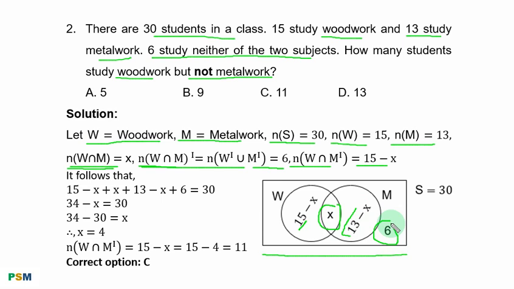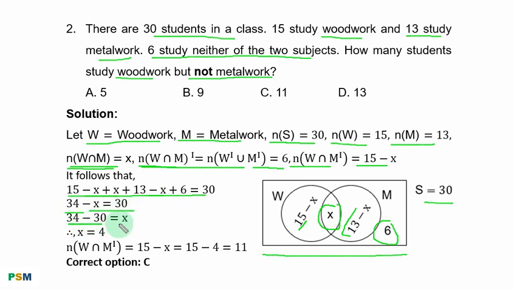If you add everything in the Venn diagram, you equate it to 30. That is what you have here. Minus S plus S is 0. You are left with 15 plus 13 plus 6. That is 34 minus this S equal to 30.